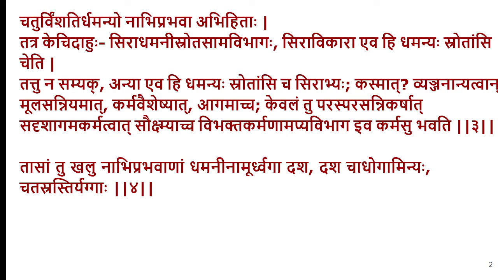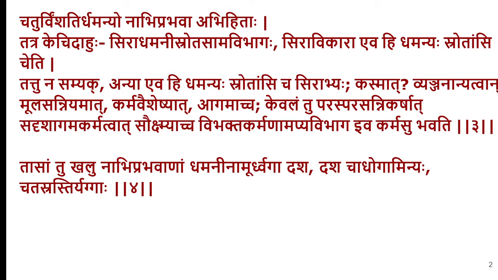And during Sushruta's period, there was some view that the Sira, Dhamani and Srotas are the same. But Sushruta denies that part and says Sira, Dhamani, Srotas are different from each other because they are named differently, vyanjananyatvat; because the origin is different, mula sanniyamat; because they have different functions, karma vishesha; and because of the textual descriptions, agamacha.